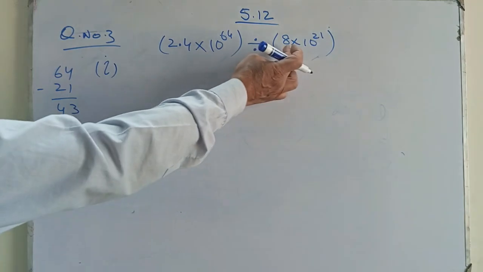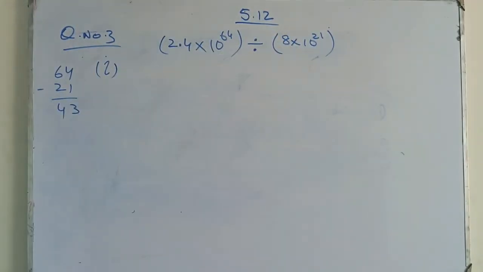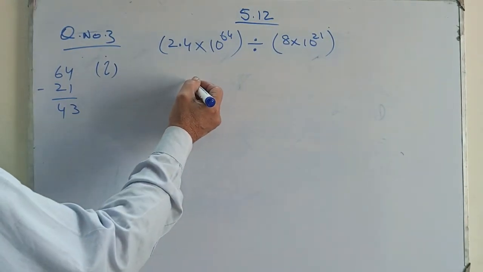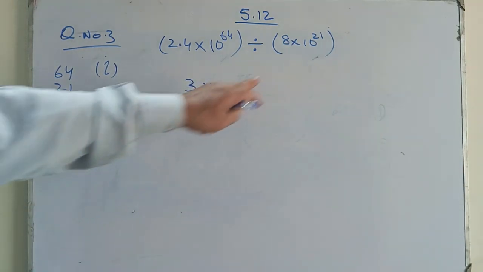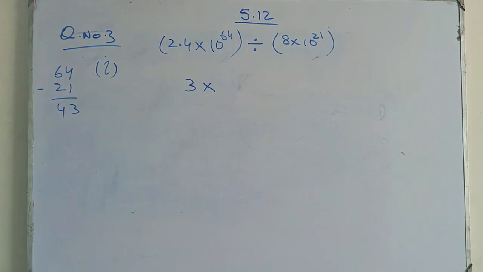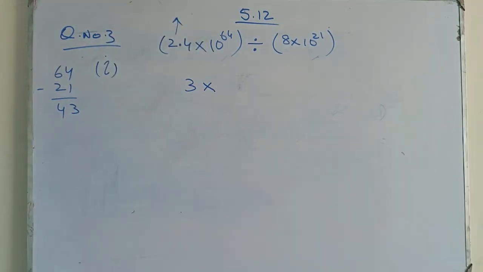And again, 2.4 divided by 8 is 8 3 times 24. You see that I have ignored this point now. I have ignored this point.